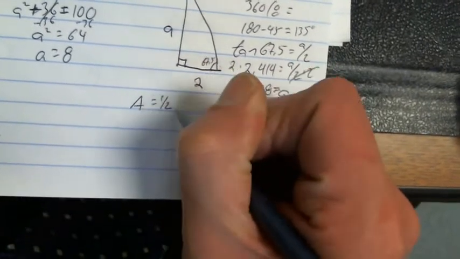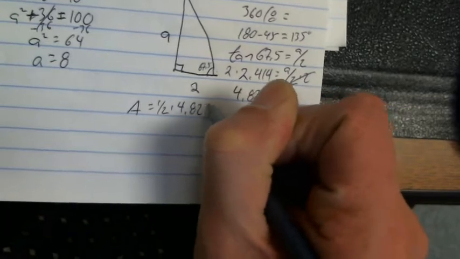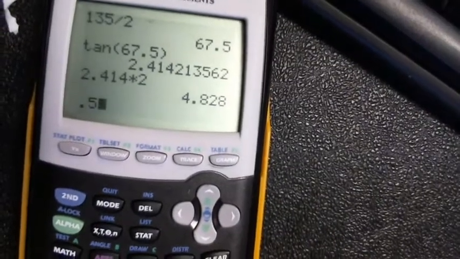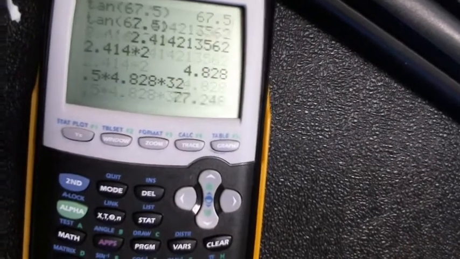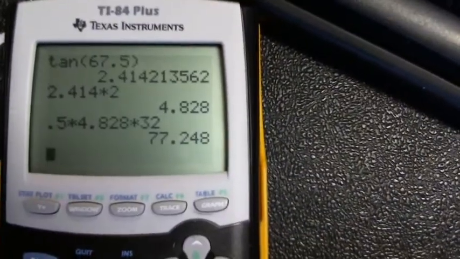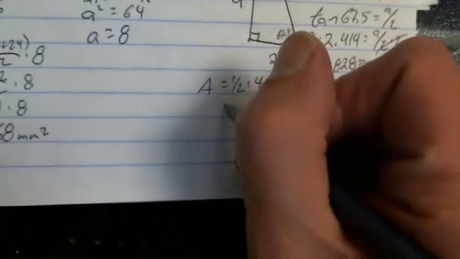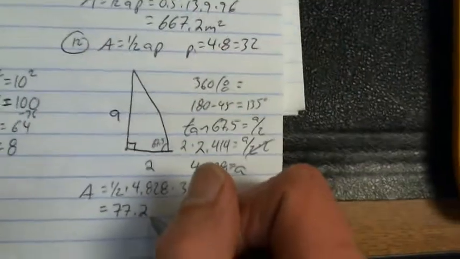A equals 1/2 times 4.828 times 32, which is 77.248, call it 77.2. Started in meters, wind up in meters squared.